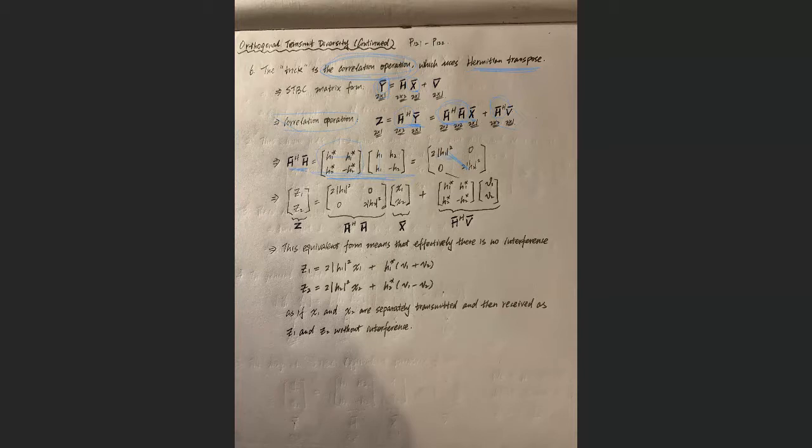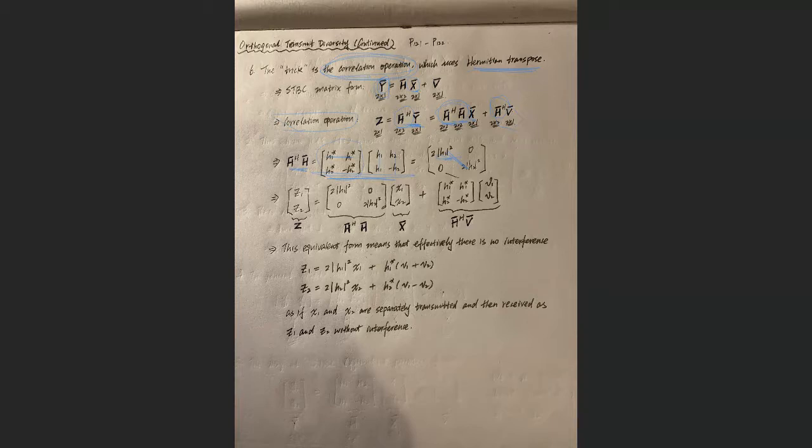And then first row, second column is 0 because it's h1 conjugate h2 minus h1 conjugate h2, with a negative sign. So we have 0 here. It all works out like magic because it's orthogonal.